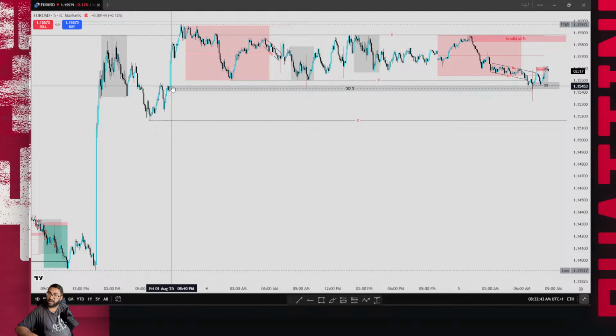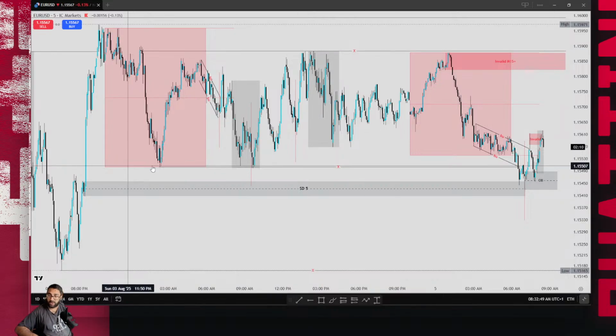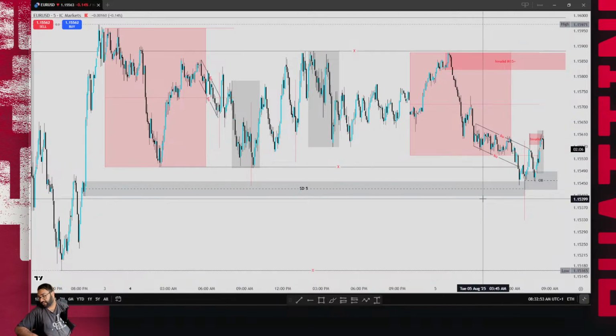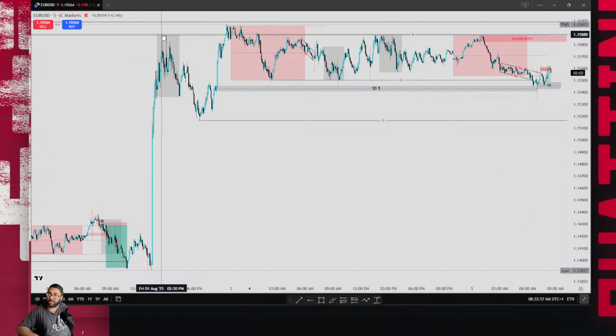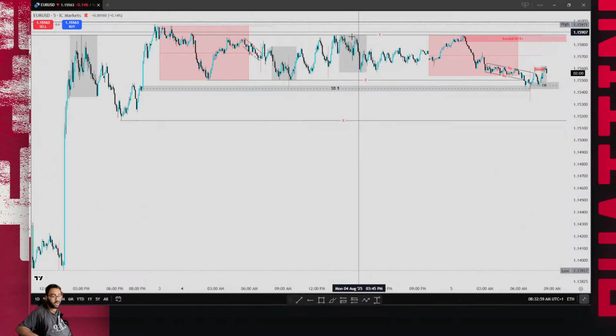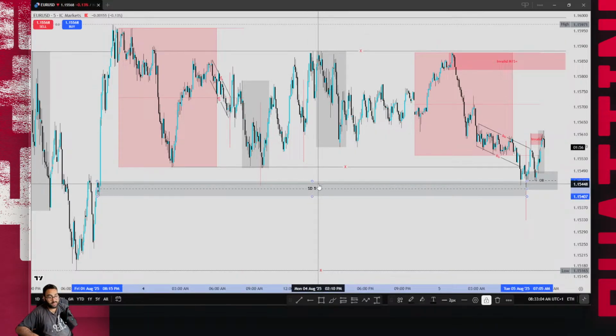We broke that zone and then we had consolidation for pretty much the whole of the day. We had equal highs, we had equal lows. So when price swept it, I thought, wait a second, this zone didn't actually make a higher high. It broke this high, but it didn't continue to make a higher high. Then I was suspicious of the zone, even though it was valid.